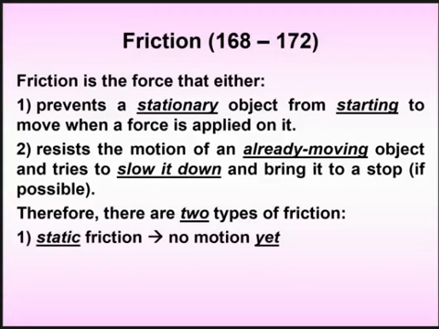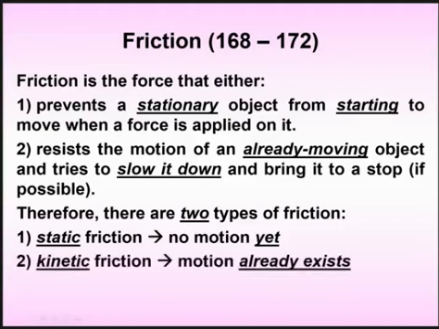Who would like to tell me the opposite of static? Nice. Kinetic. Kinetic friction: motion already exists. So that means we're going to have two different kinds of slides, one for static, one for kinetic.